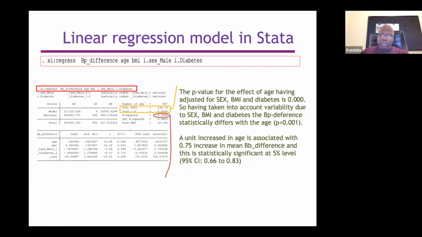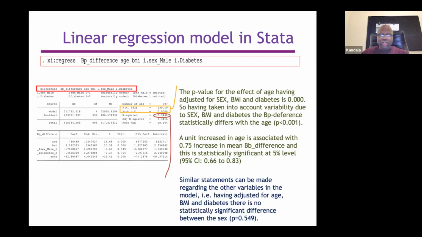So nothing has changed there. A similar statement can be made for the other variable, having adjusted for the other variable. So for example, for gender, you can see whether differentiating between gender makes a difference.